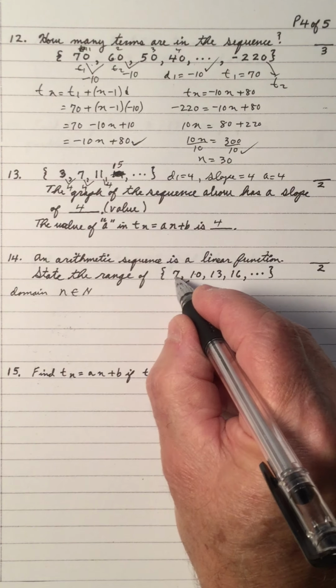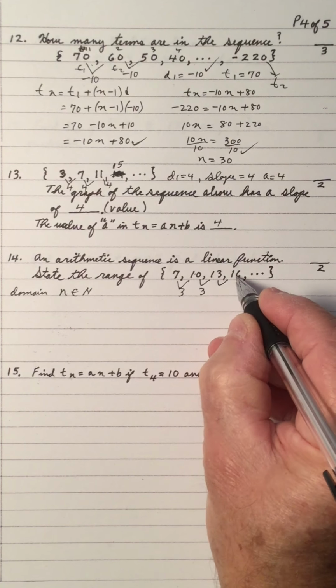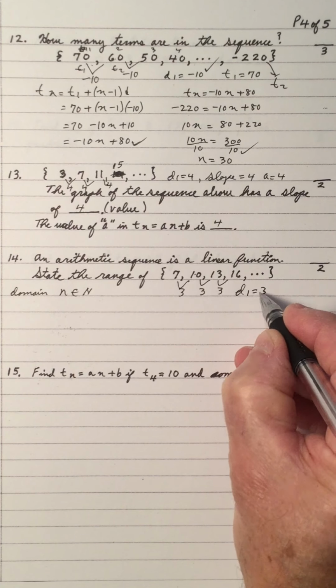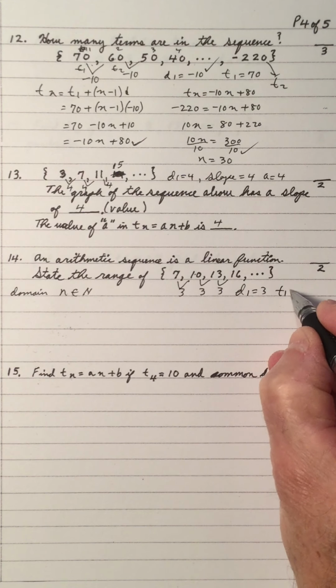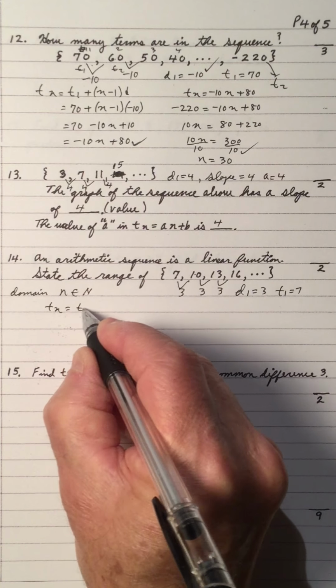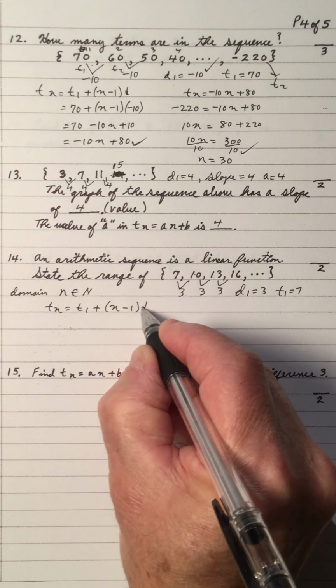So 10 minus 7 is 3, 13 minus 10 is 3, 16 minus 13 is 3, so the common difference D is 3. And the first term is 7, T1 is 7. So the equation Tn equals T1 plus n minus 1 times d.